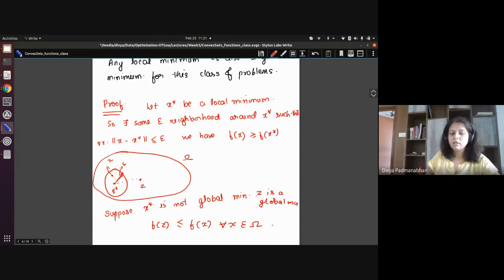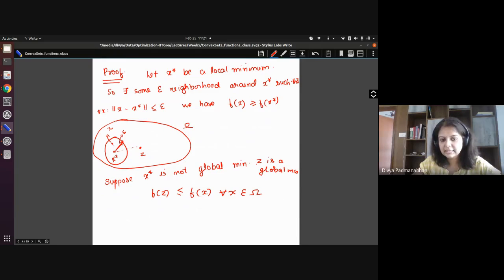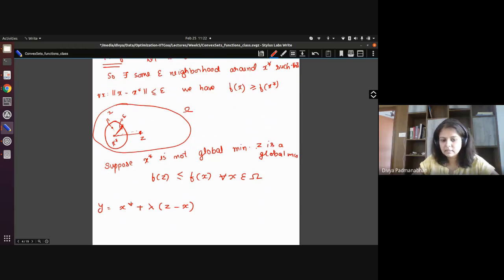Now, if you take the line joining the two, you take x star, that's a local minimum, and you connect it with z. Any point on this line would be of this form: y equals x star plus lambda times z minus x star. That is a point which lies on this line.